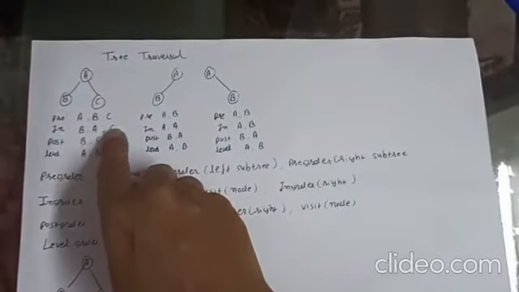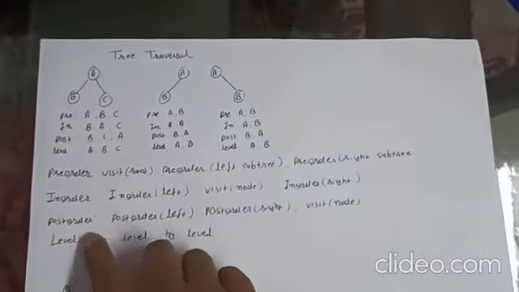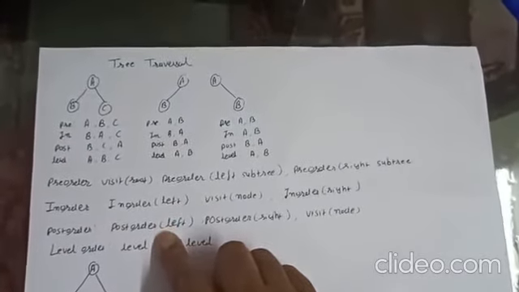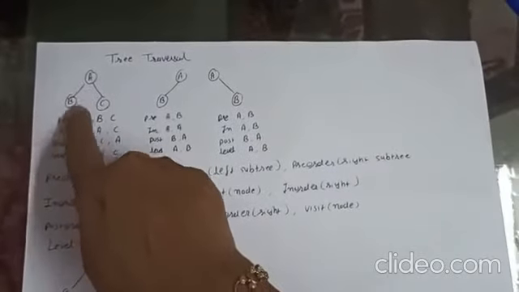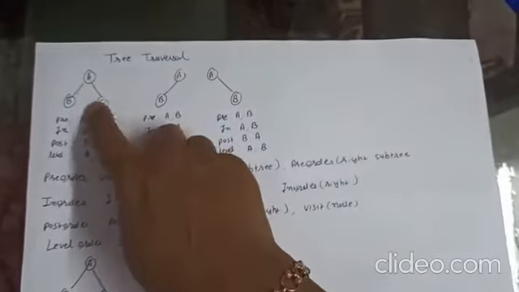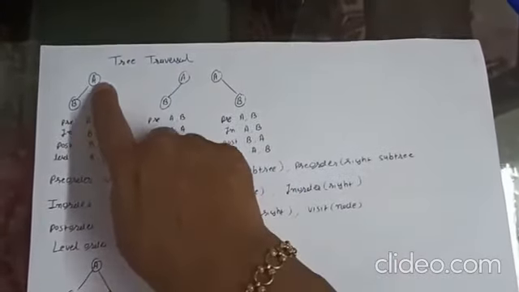So in-order is nothing but left, root and right. Now post-order. In post-order traversal, we will perform post-order on the left subtree first, then post-order on the right subtree, and then at last we will visit the root node.